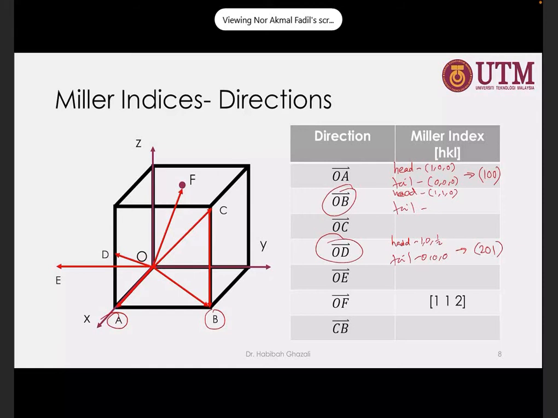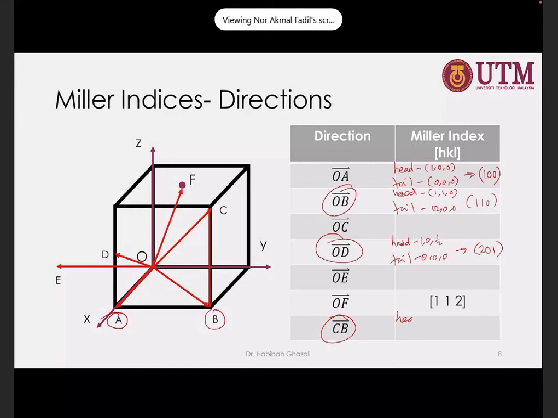For CB. Oh sorry, I made a mistake. Tail is 000, so the answer is 110. Sorry, I made a mistake. CB.